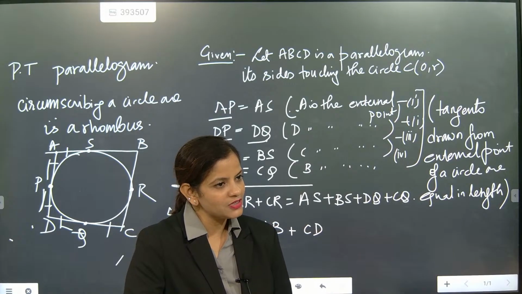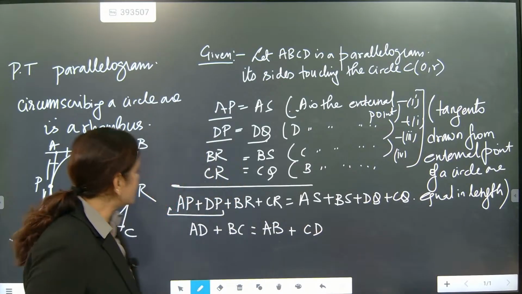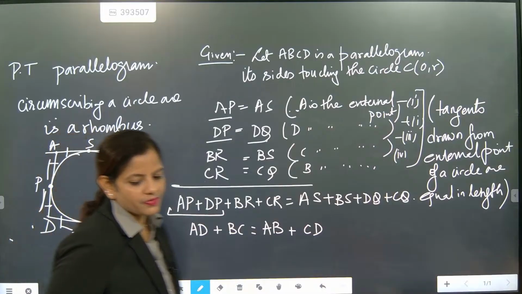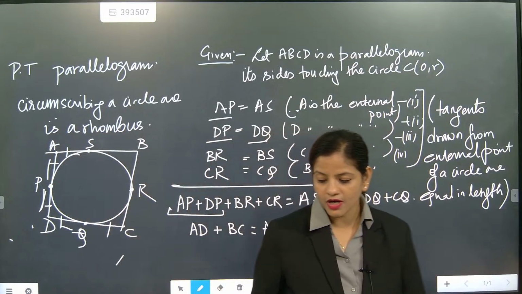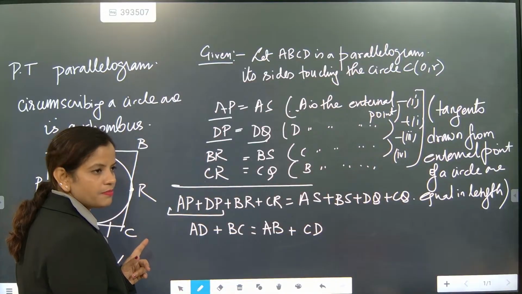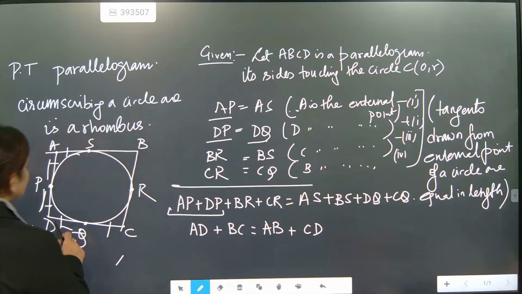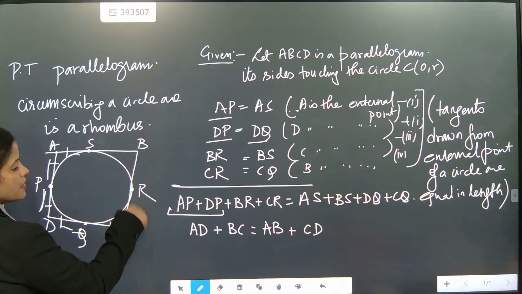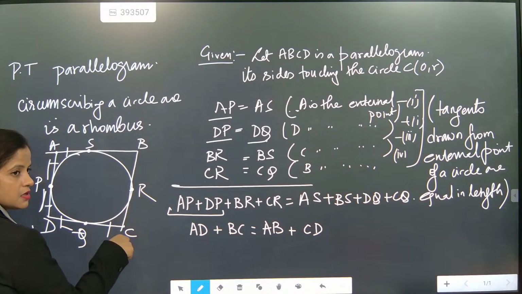Now look here. Since ABCD is a parallelogram, opposite sides are equal and parallel. So can I say that AD will be equal to BC? AD is coming equal to BC.